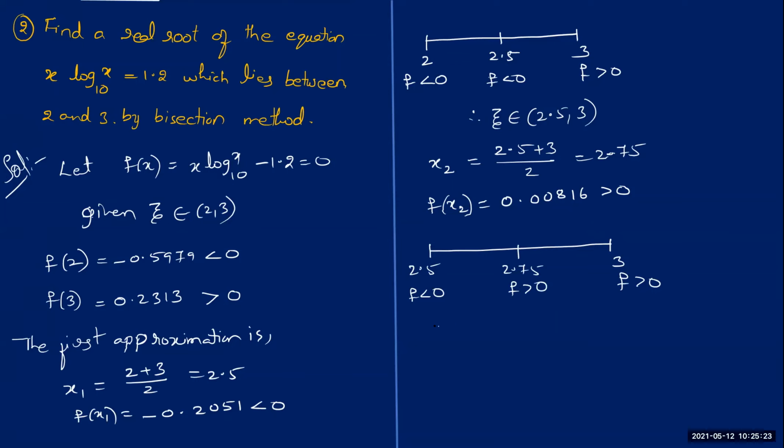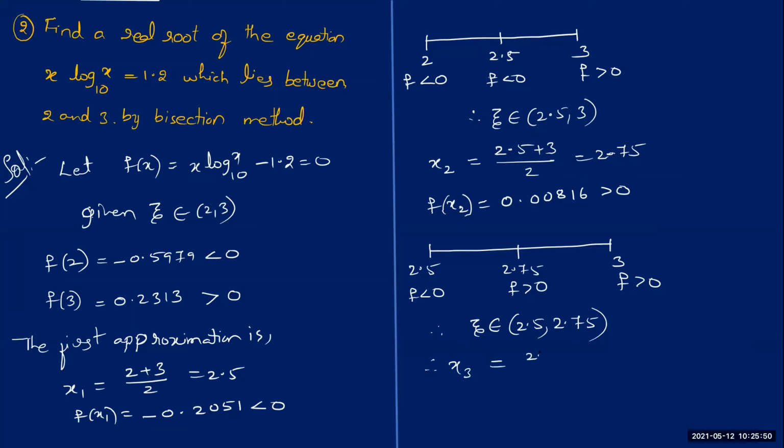Keeping this diagram in view, can you expect what will be our next interval? The root now lies between, anybody? 2.5 and 2.75. Good. See where the function values are of opposite signs. Because the function values are of opposite signs at these 2 points, you can find a root between 2.5 and 2.75.